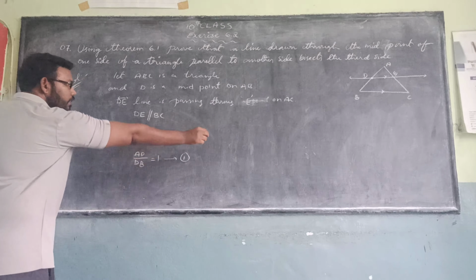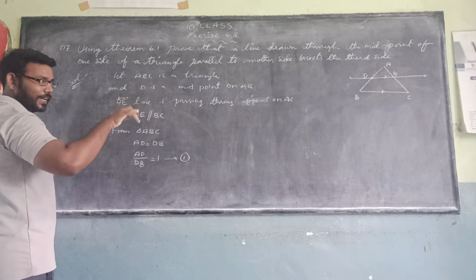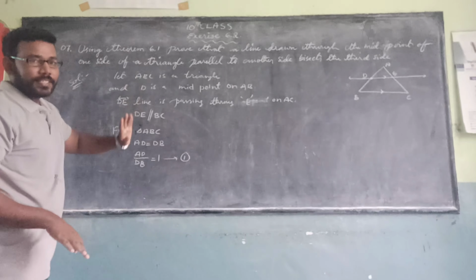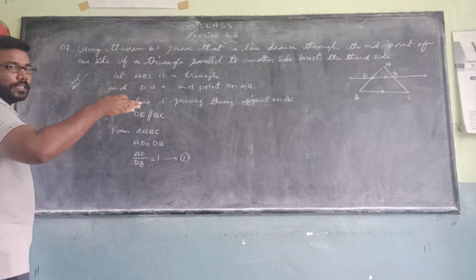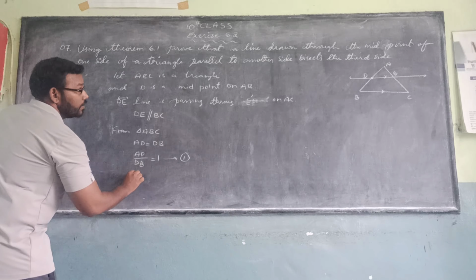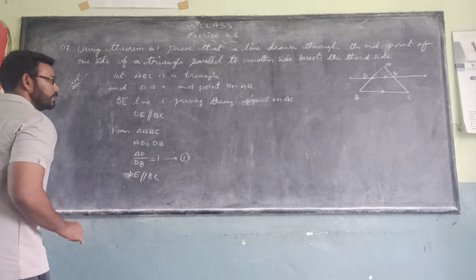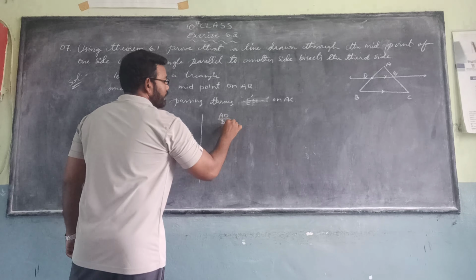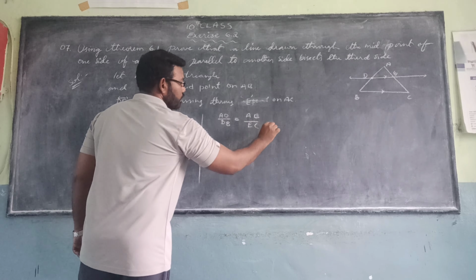So here, when a line is passing through two distinct points of two sides of a triangle and it is parallel to the third side, we can say by using theorem 6.1, that is the basic proportionality theorem, that the sides are in equal ratio. So here DE is parallel to BC. That's why we can write that AD by DB is equal to AE by EC.